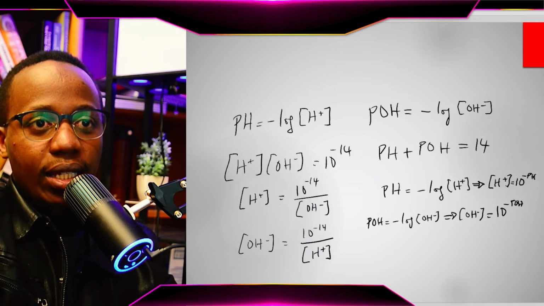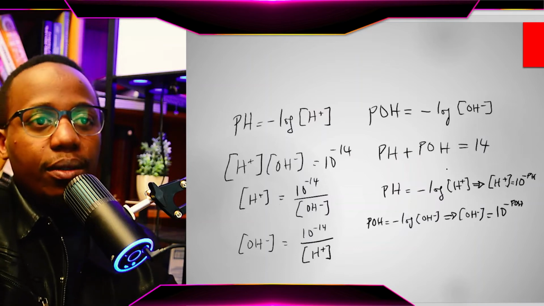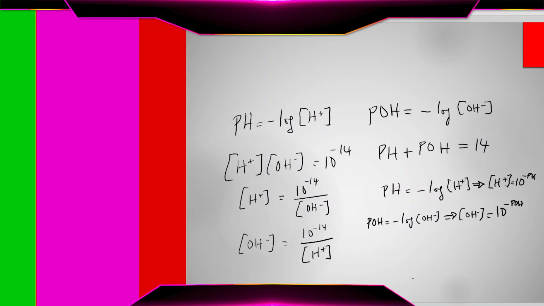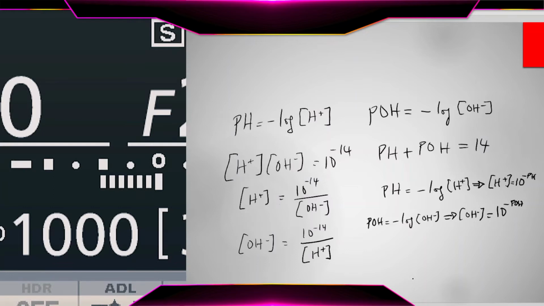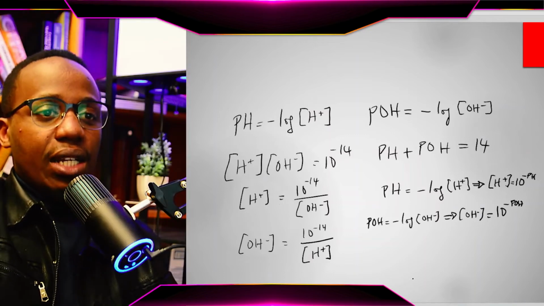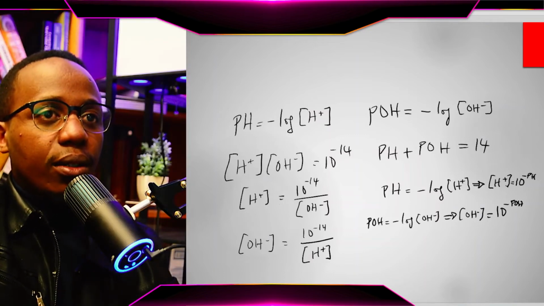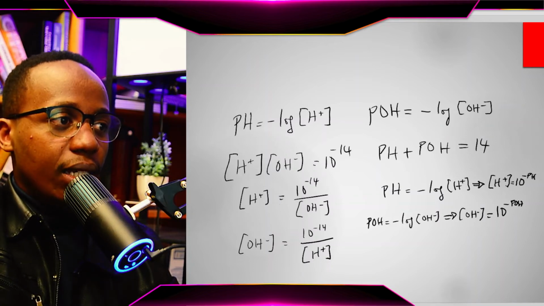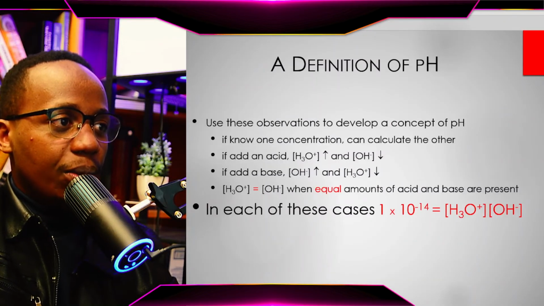So this is an anti-log of pOH. All of these are formulas that you can use to calculate your pH and do a bunch of calculations around pH. All right, let's see if I can find a good example that we can do.